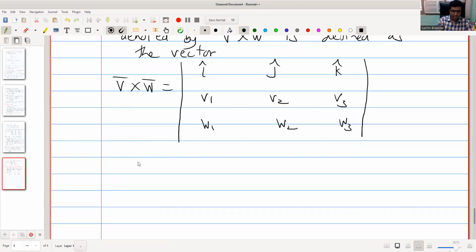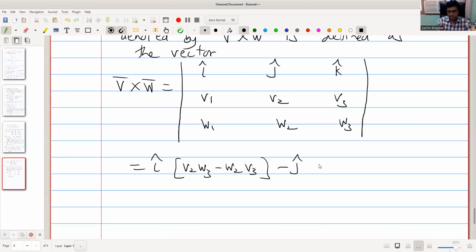So we can simplify this. It is i hat into, okay, so this determinant, so it is v2 w3 minus w2 v3, minus j hat.